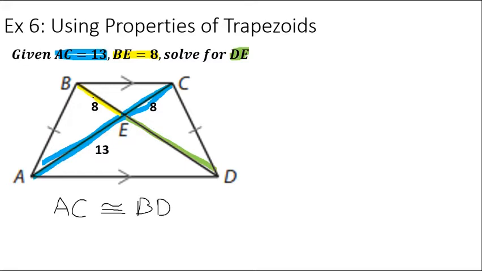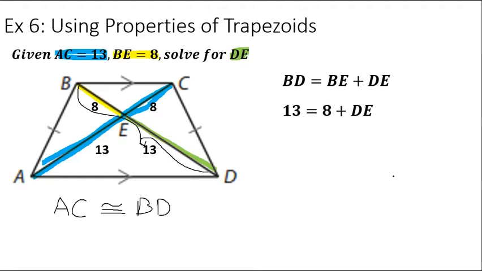So this part here is 8, this half is 8, this half is also 8, which means that this whole thing is also 13. Okay, so to solve for DE, I know BD, the whole segment is made up of BE and ED. So I put 13, which is BD, equals 8 plus DE, and I just subtract 8 from 13. So I say DE is 5.